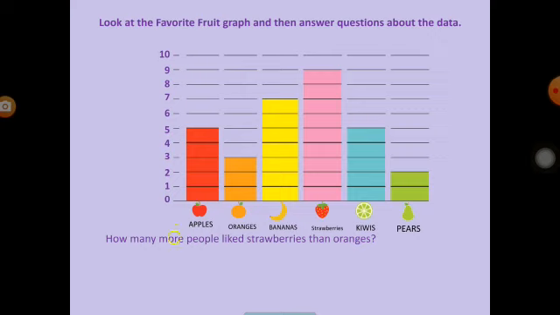So our answer here: how many for strawberries? It will be 9. And how many for oranges? It will be 3. So our answer will be 9 minus 3, which gives me 6. Excellent. The next one.